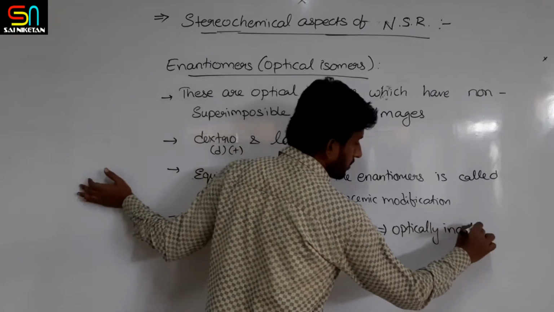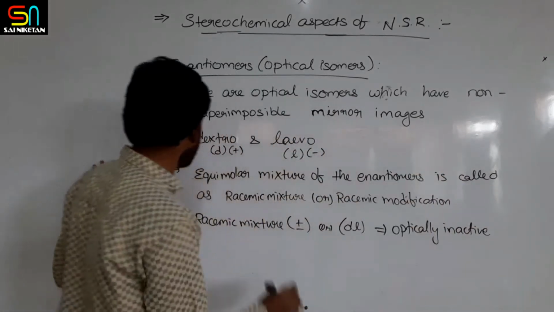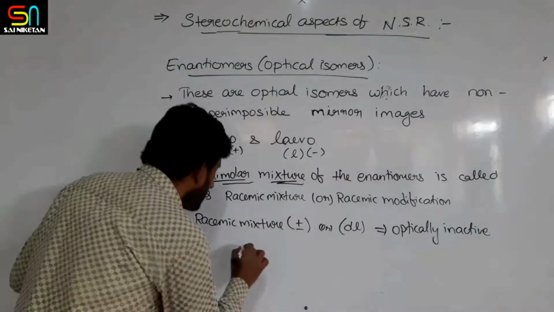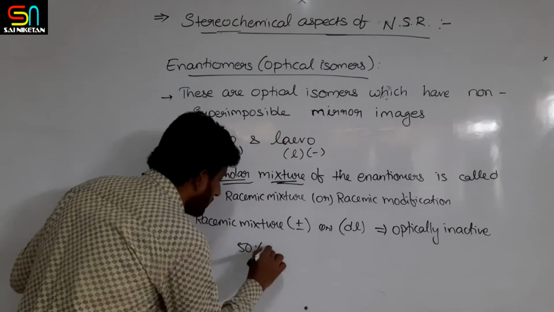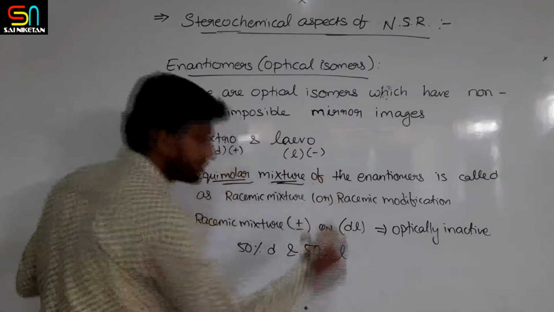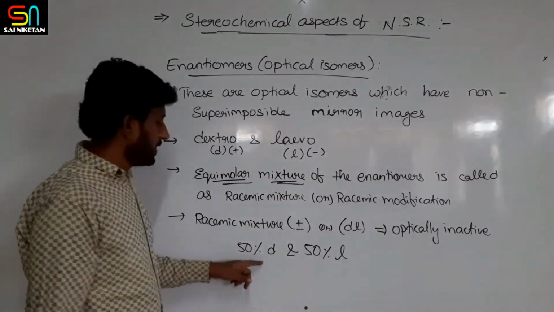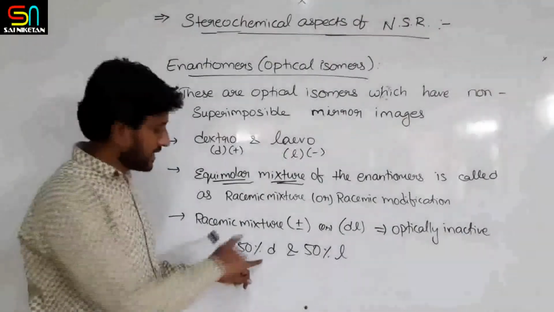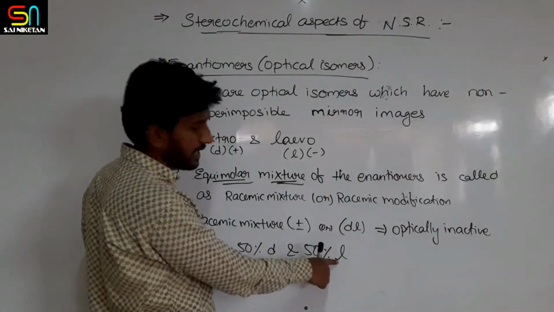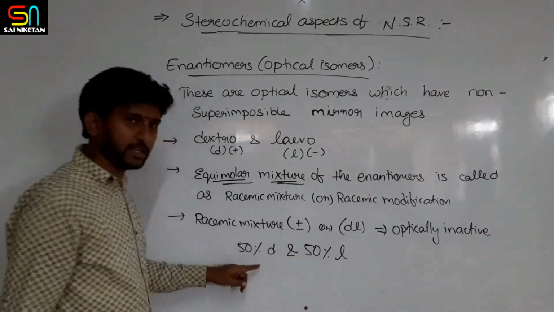inactive. Why? Because a racemic mixture means an equimolar mixture of enantiomers. If you have 50% of D isomer and 50% of L isomer, then the optical activity of the 50% D is cancelled by the optical activity of the 50% L isomer.